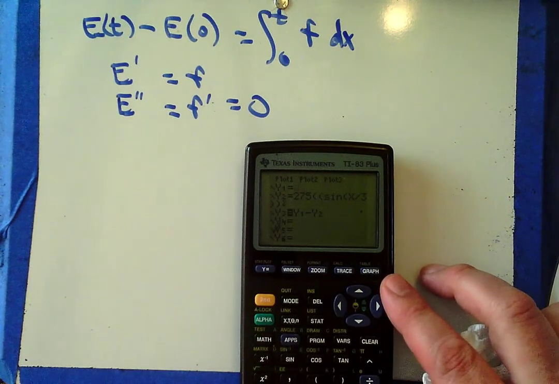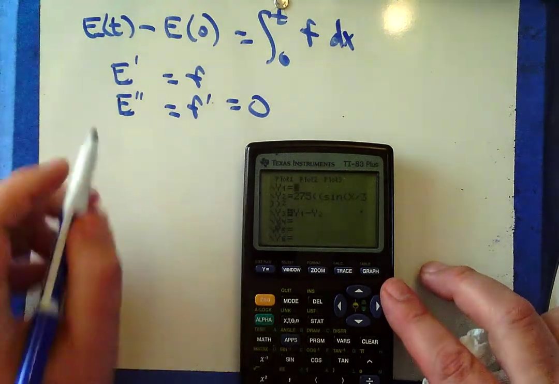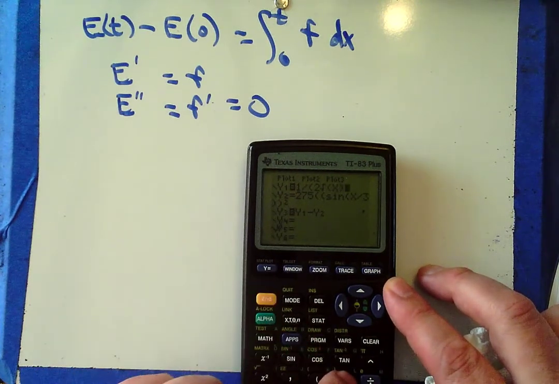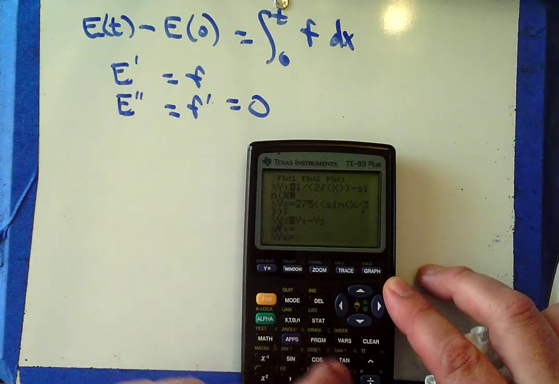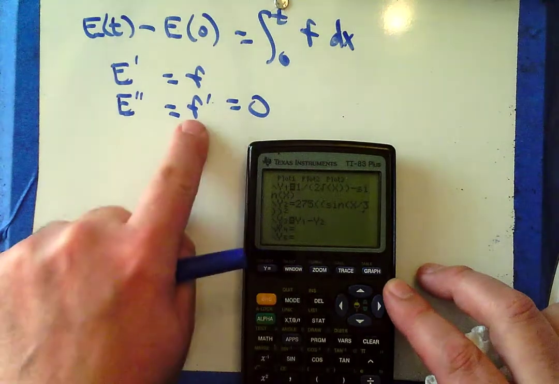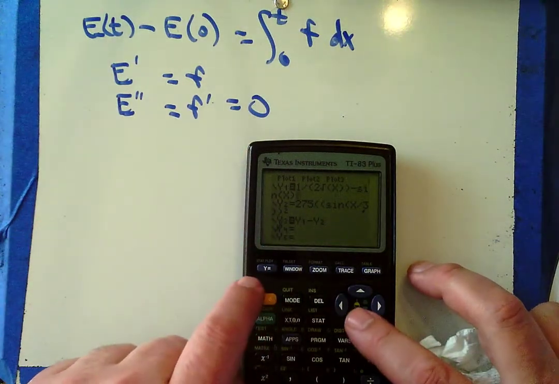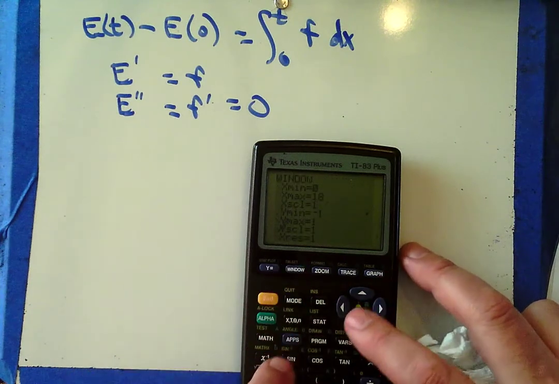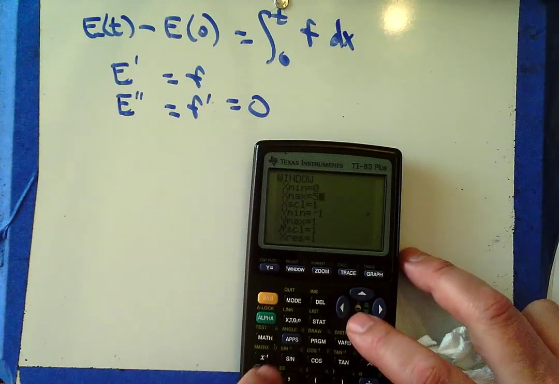Oh, f prime is given. F prime is 1 divided by 2 square root of x, minus sine of x. That's f prime. Okay, and I want to know when f prime equals 0. So I'm going to graph f prime on 0 to 5.